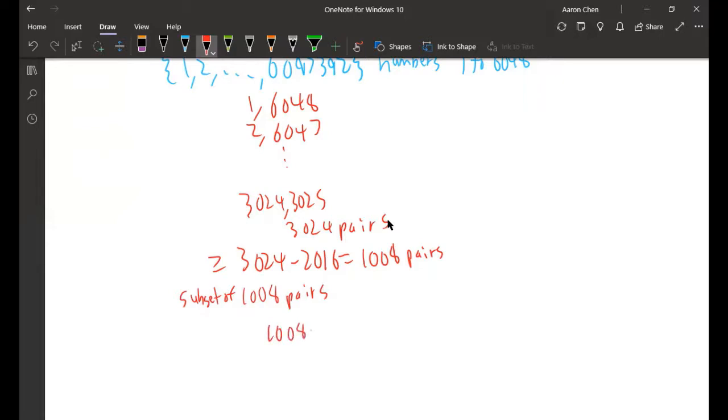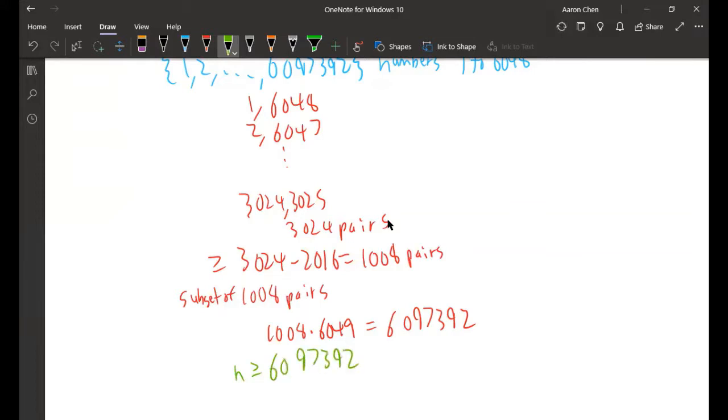So 1,008 pairs that all add up to 6,049 each has a sum of 1,008 times 6,049, which is equal to 6,097,392. And so now we've shown that n is at least 6,097,392.